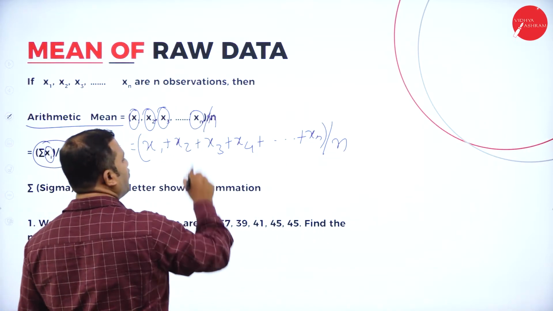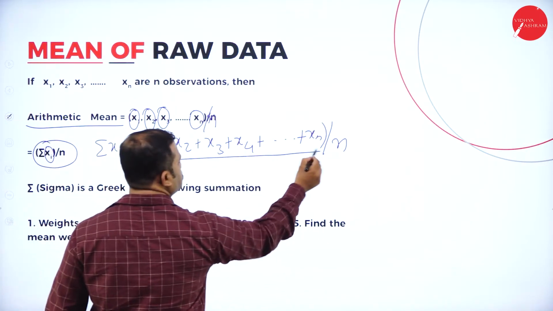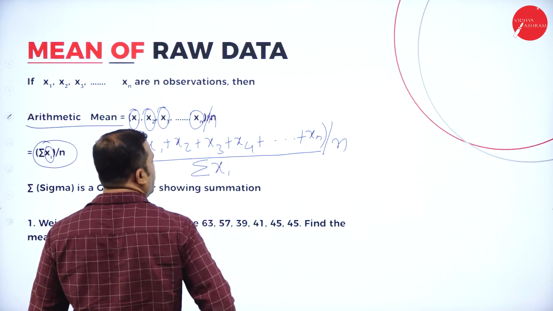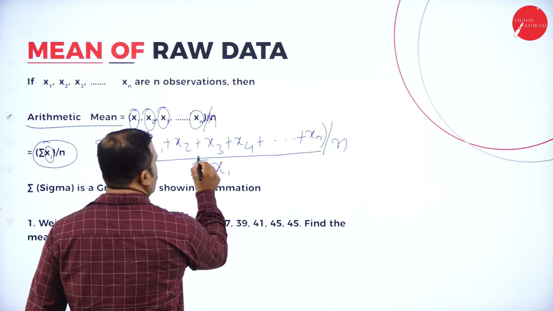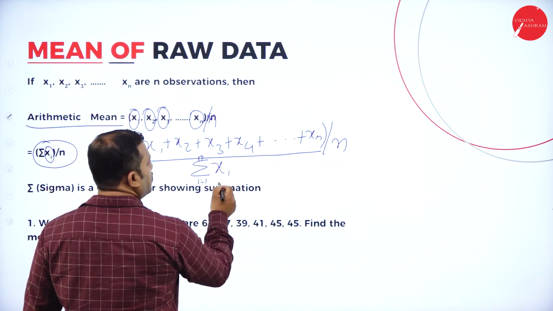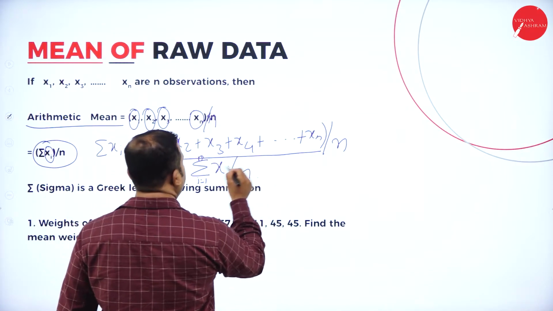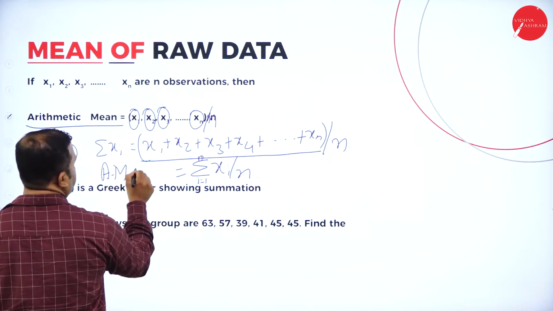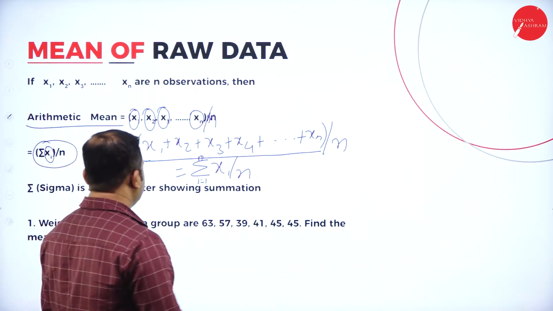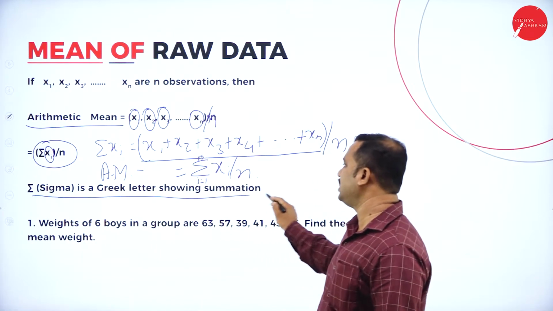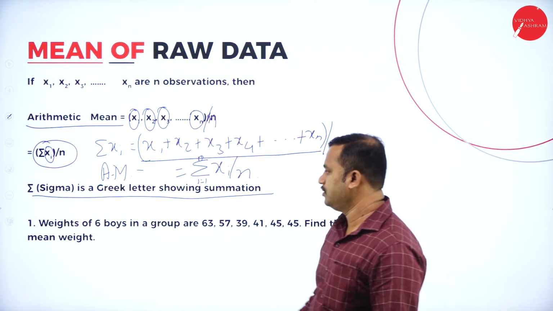This term can be written as the sum of xi, where i varies from i equals 1 to n, divided by n to get the value in the form of arithmetic mean. Sigma is a Greek letter showing the summation.